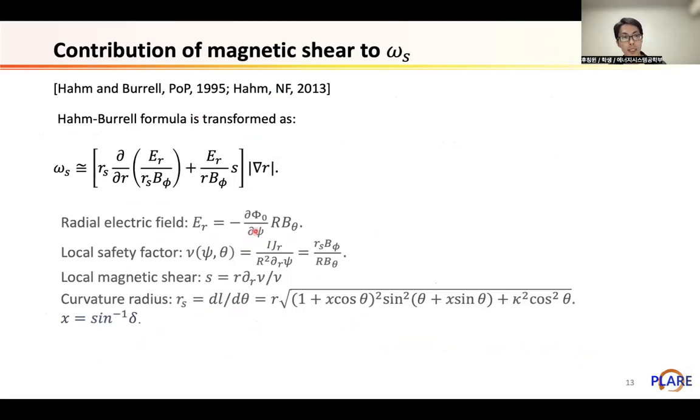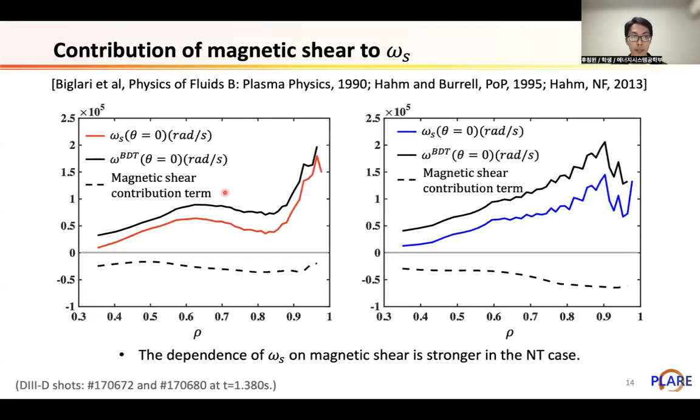Then we transformed the Hamburg formula into this form. In this form, we can clearly tell the magnetic shear dependence of the flow shear. It enters in this term. Then we plot the flow shearing rate profile.